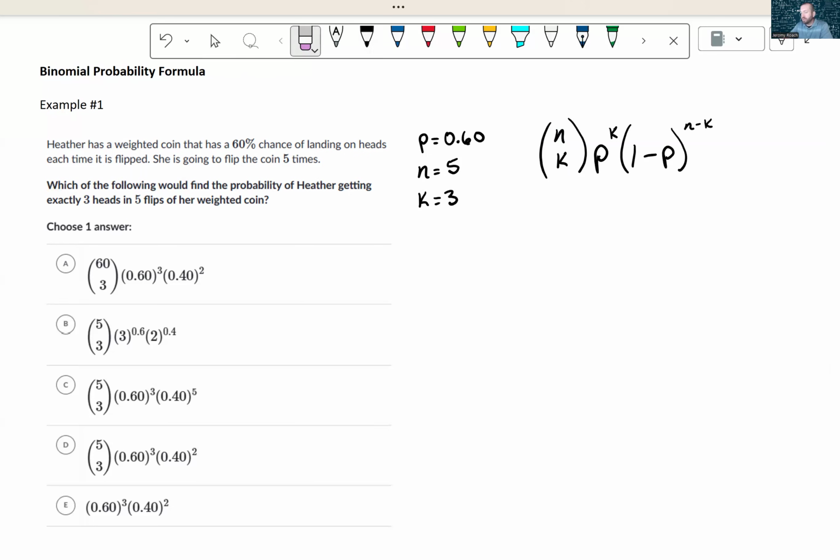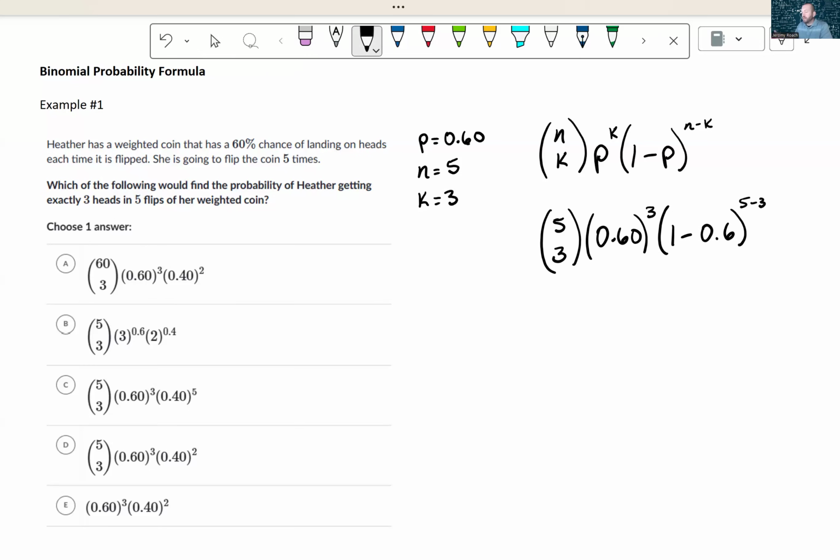And it doesn't want us to solve, it just wants to know which of these equations would tell us what the probability is. And so now let's take a look here. We've got n is 5, k is 3, probability 0.6 to the power of 3 times 1 minus 0.6 to the power of 5 minus 3.